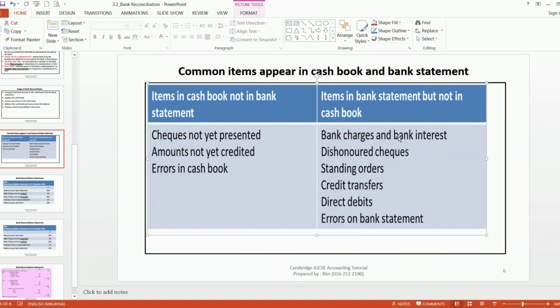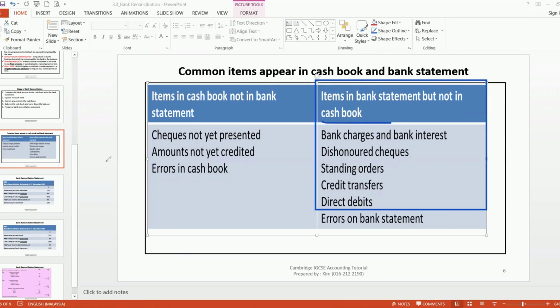These are the items which appear in the bank statement but not yet in the cash book for this account, except this one, error on the bank statement. So all these items you have to update in the cash book. Then only you have the updated cash book.